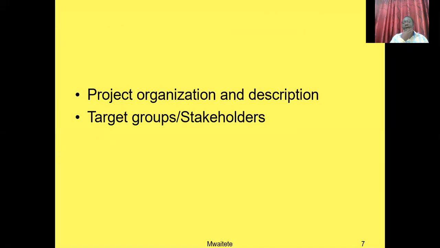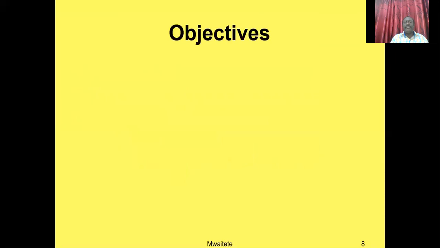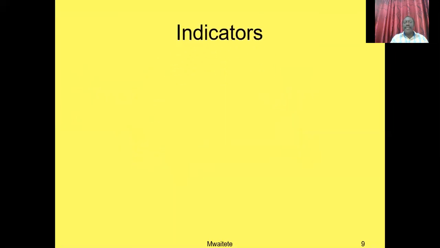You describe all details based on the project plans and approach. You must define the targeted groups, the stakeholders and others. You define the objectives, and what are the indicators?